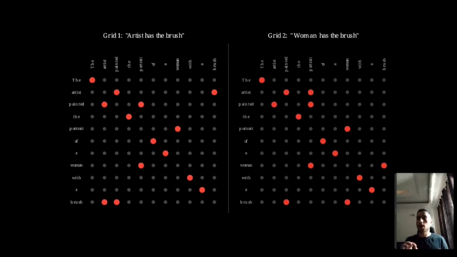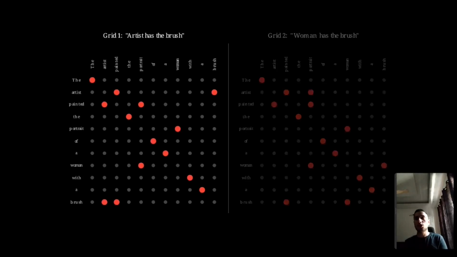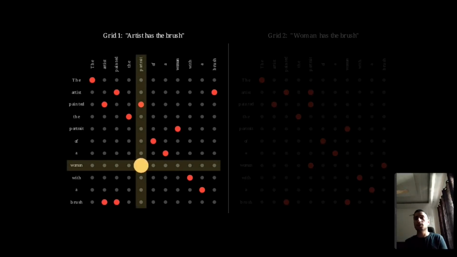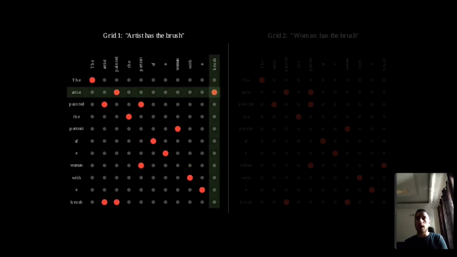The first LLM is giving more attention to the object, that the artist has the brush. So according to the first LLM, the brush is just a tool, so it is giving more attention to woman and to the artist.